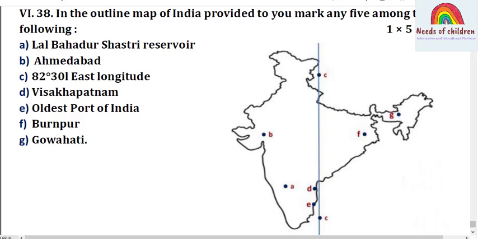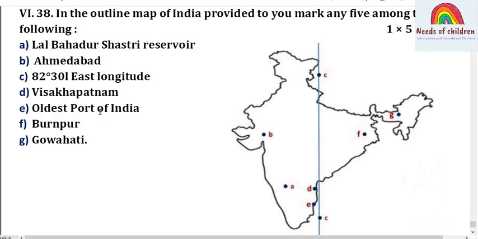Once we concentrate on the lessons, you need to concentrate on map locations. Lal Bahadur Shastri Reservoir, you can see here, is in Karnataka. And Ahmedabad is located in Gujarat. Here is the 82.5 degree east longitude, which is considered the standard meridian.